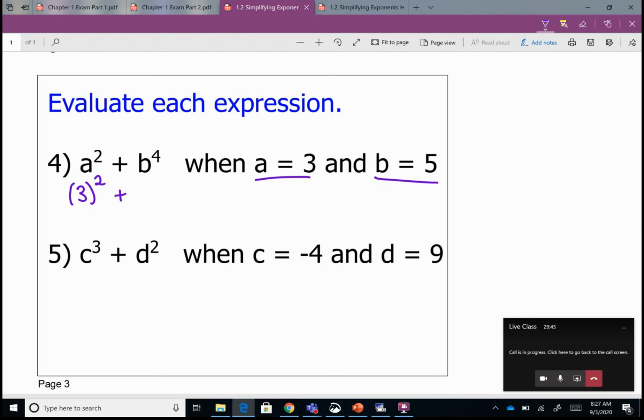And then we have a B. Well, I can't put B to the 4th power in my calculator. I can't evaluate that. So where I have a B, I can always replace it with a 5. If B equals 5, that means wherever I see a B, I can replace it with a 5. I can substitute a 5.